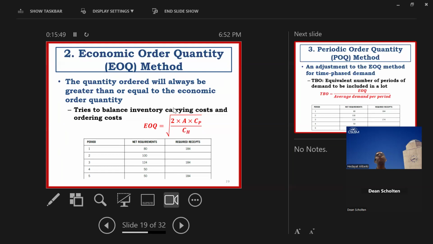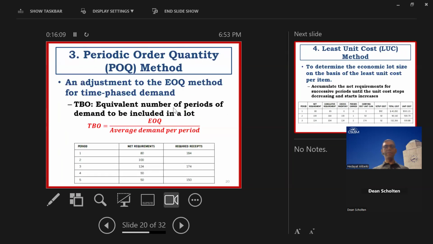So if you need more than your EOQ, you need to order 2 times EOQ, 3 times EOQ, right? You can't just do EOQ plus 1. You have to go 2 times EOQ if you need to go above.